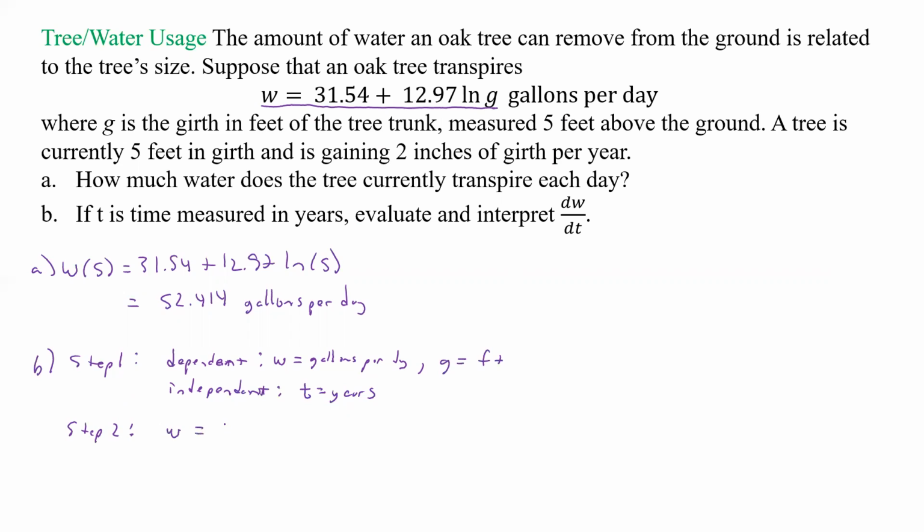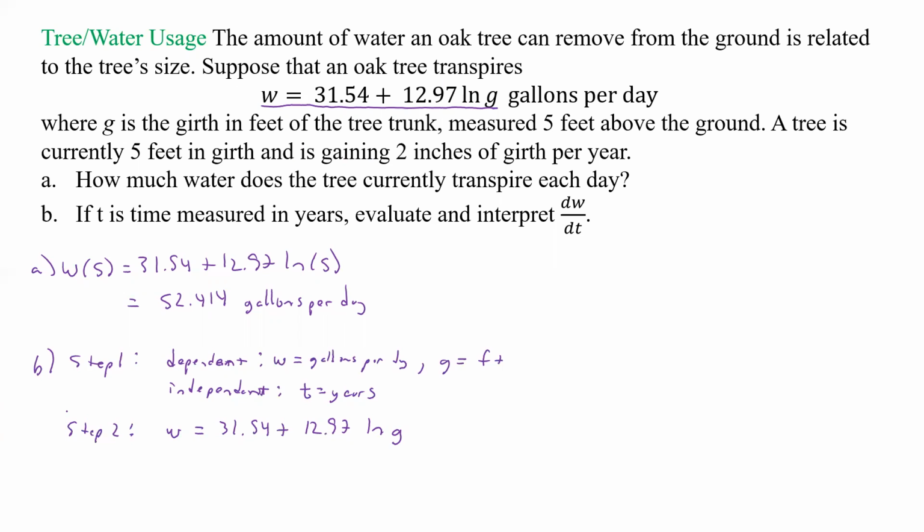So W equals 31.54 plus 12.97 ln of G. Sometimes you're going to actually have to come up with this equation, but in this case, they gave it to us, so we don't have to worry about it. Sometimes you might have to use the Pythagorean theorem, or remember what the volume of a sphere is, or maybe of something else, and you actually have to come up with that equation we're going to use. All right, so that's step two.